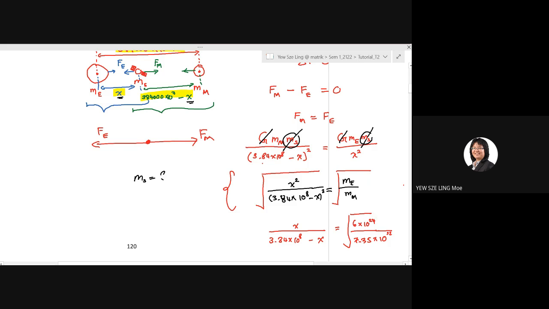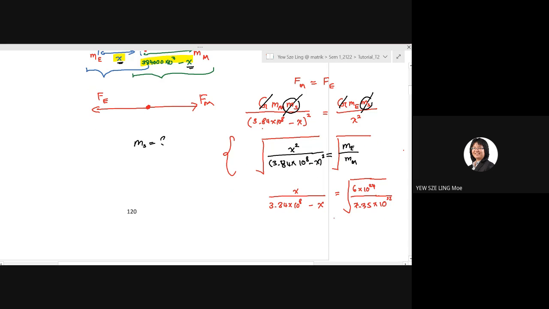All right, so the square root value would be much easier compared to you go and expand the equations until you have a square value. So rearrange the equations, and you will then obtain x equals 3.46 times 10 to the power of 8 meter. And that is the final answer.